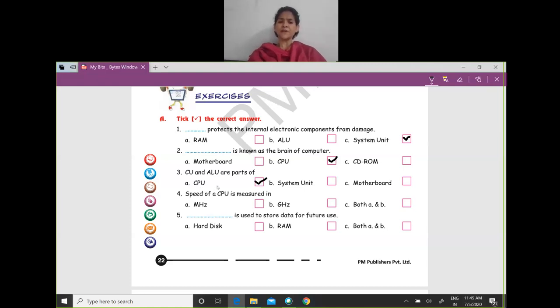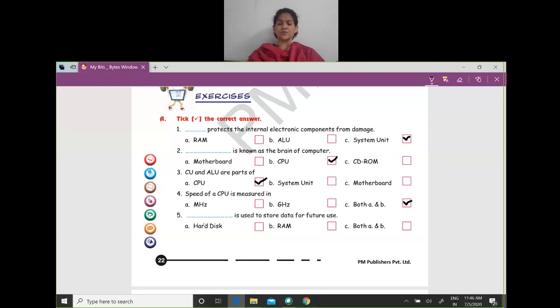In the CPU chart we have made, we have drawn the architecture of a computer where the CPU is divided into three parts: CU, that is the control unit; ALU, arithmetic and logic unit; and the memory. Okay. Speed of a CPU is measured in megahertz, gigahertz, or both A and B. So yes, speed of the CPU is measured in megahertz and gigahertz. So the answer is both A and B.